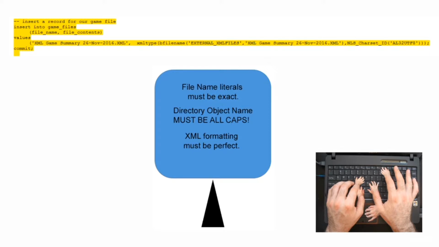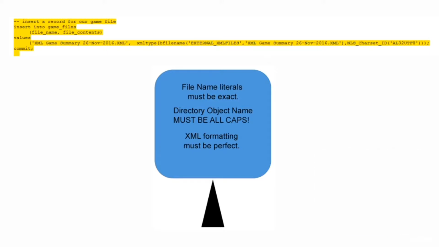Next, the XML type is really nothing more than a glorified bfile type, so we need this bfile constructor. Remember, and this is an important one, Oracle converts all directory object names to uppercase. I swear, dumbest thing they've ever done, but there it is.